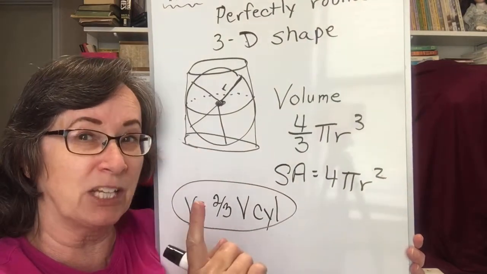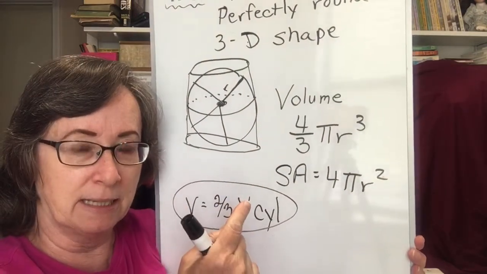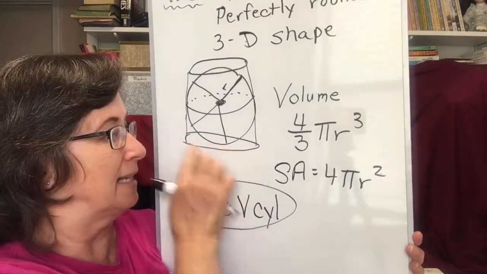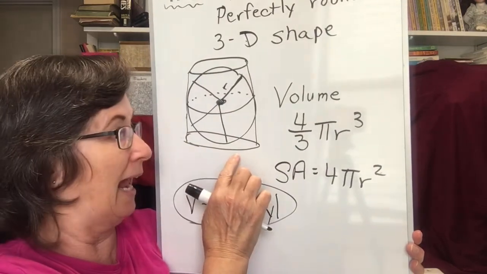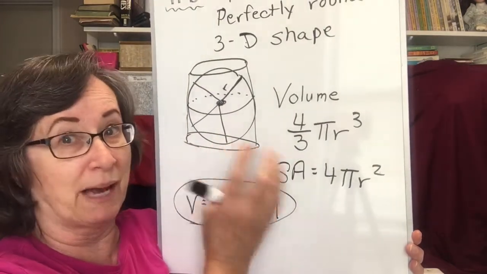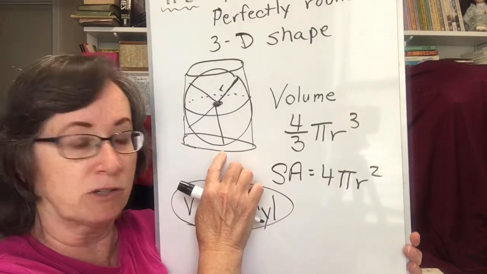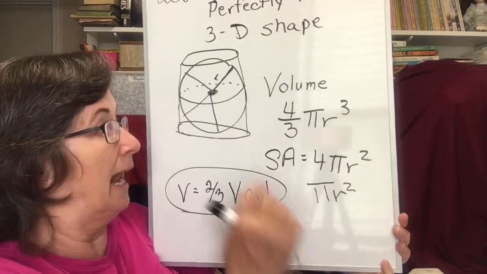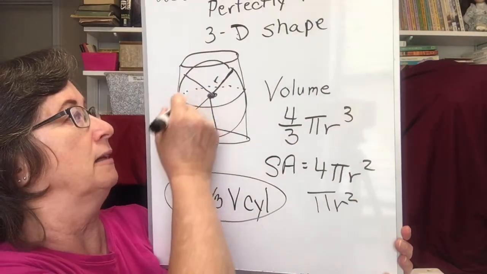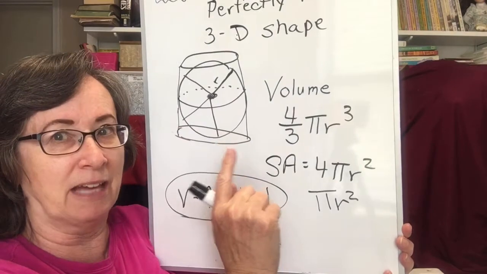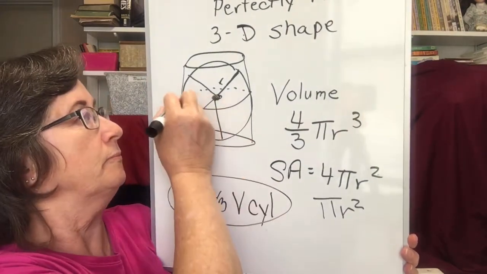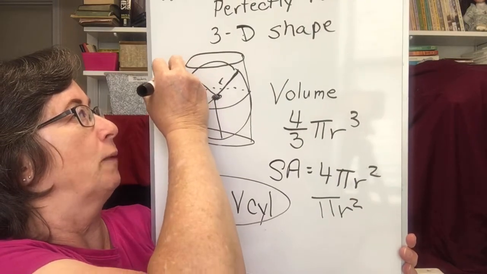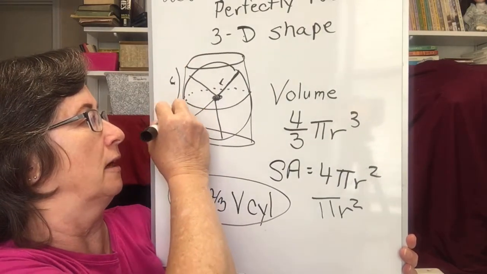But remember, a cylinder is area of the base times the height. Well, the area of the base of this cylinder is a circle, and the area of the circle is pi r squared. So pi r squared, and then times the height. Well, if this is exactly the height of the basketball, and this is the center, then it's going to go up a radius, and it's going to go down a radius.